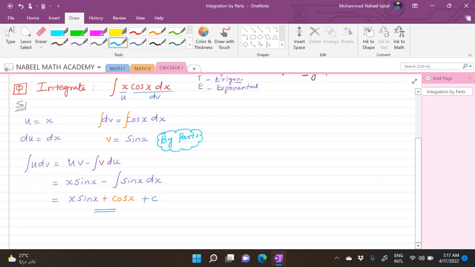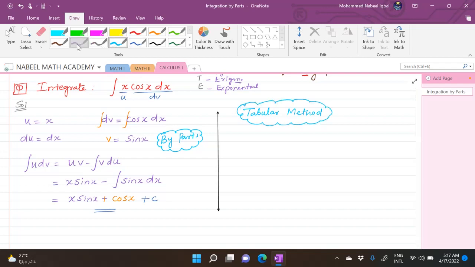And the same problem can be solved by using the tabular method. The same problem I can solve using the tabular method, and there are some conditions for the tabular method.